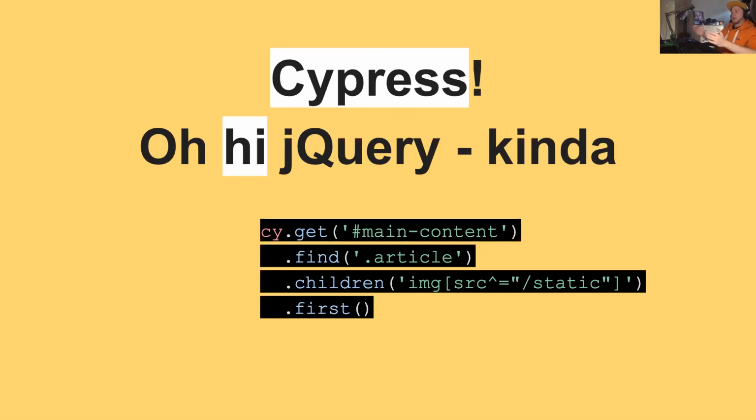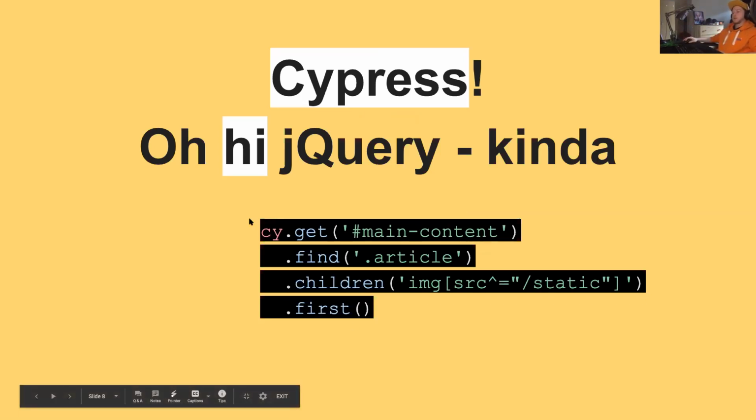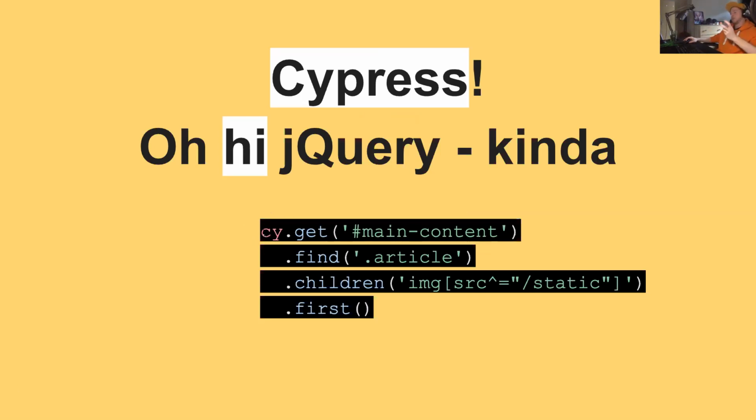So that's how you would target elements using cy. Essentially it is equivalent to the $ sign in jQuery. It's the main object that allows you to tap into the entire library. And again, the documentation lists all the different methods you can use, but that's the basic thing.